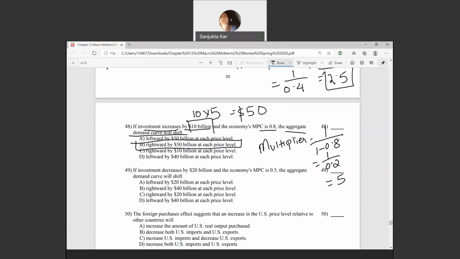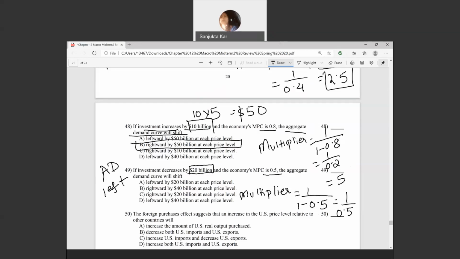Question number 49 is different because here the investment is decreasing by 20. So my aggregate demand curve, this will shift to the left. My MPC is 0.5 here. The multiplier is equal to 1 over 1 minus 0.5, which is 1 over 0.5.